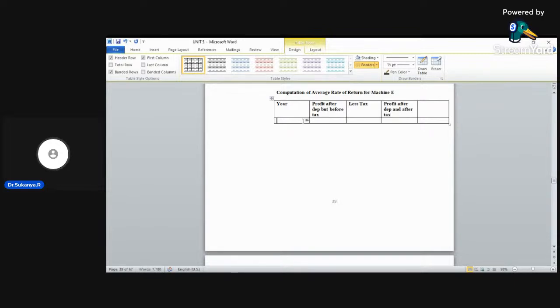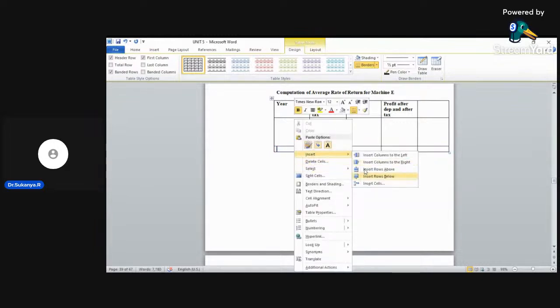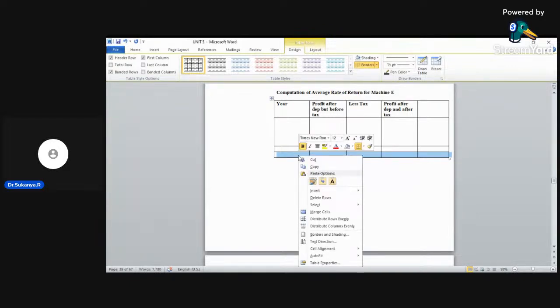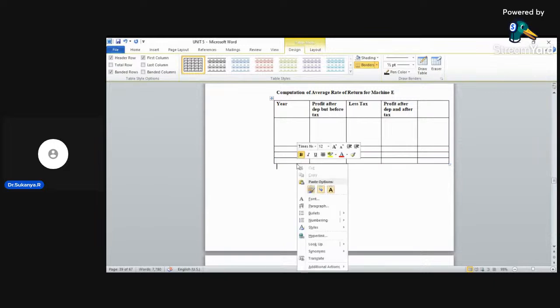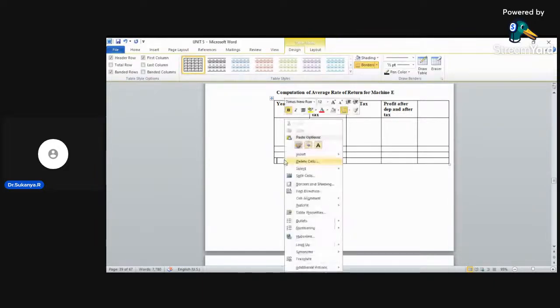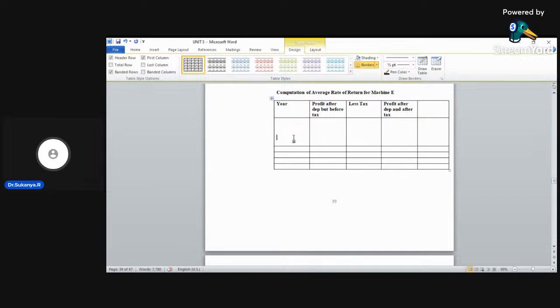Okay, now let us work out. Straightaway I will take whatever is given. Here is the first year, then you have the second year, then the third year, then the fourth year, and then the fifth year.